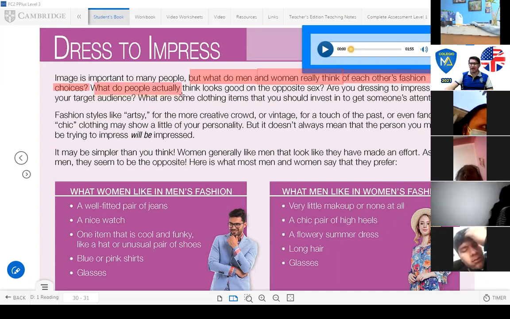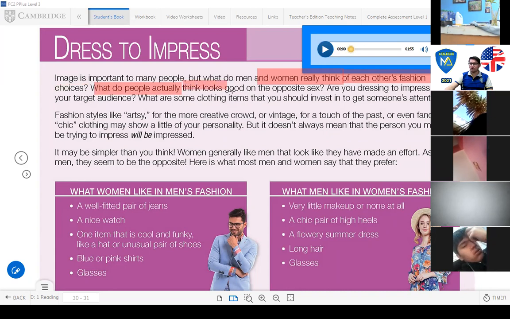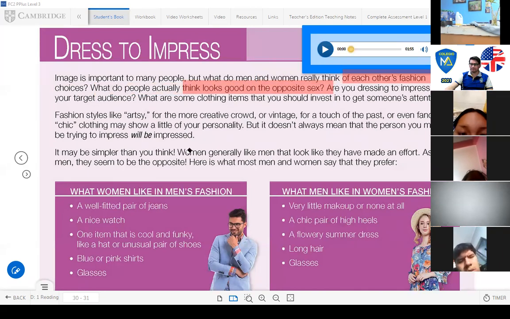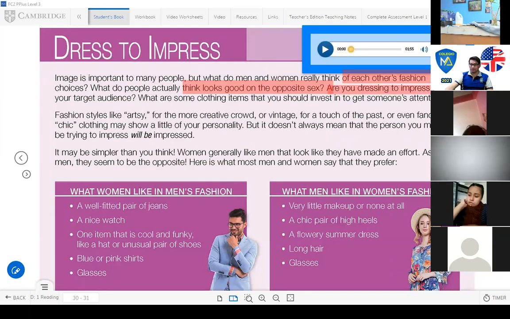What do people actually think looks good on the opposite sex? And the people say, are you dressing to impress?